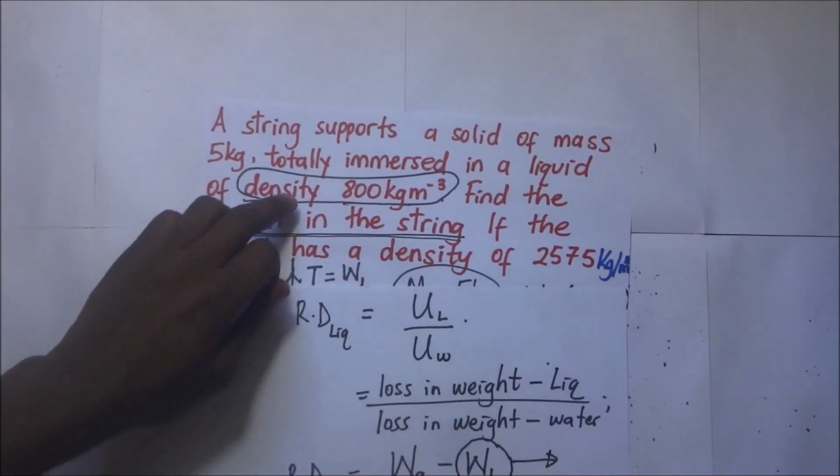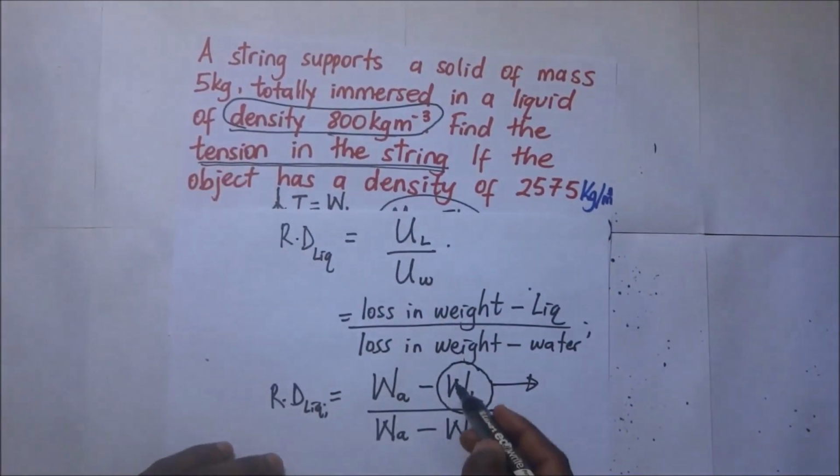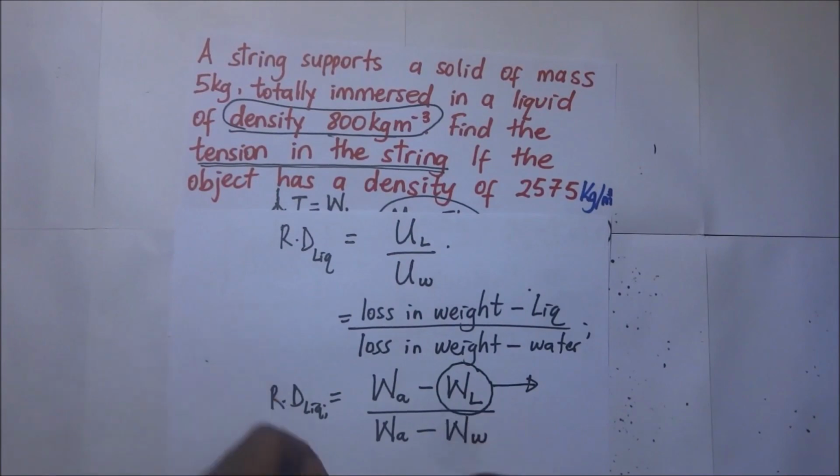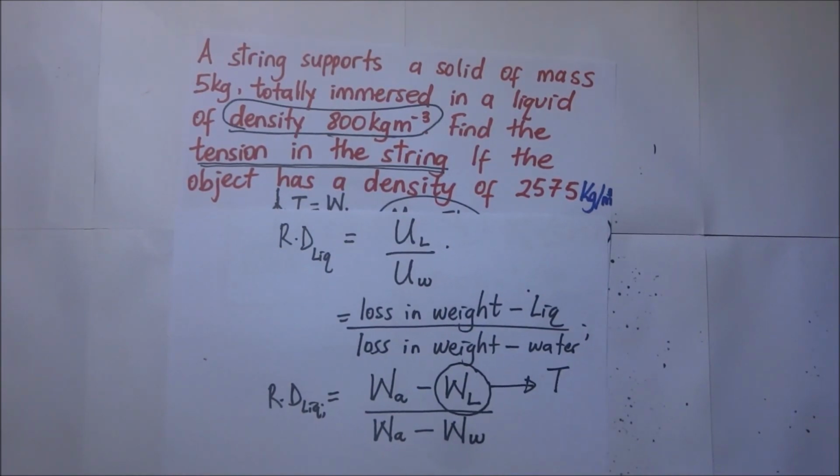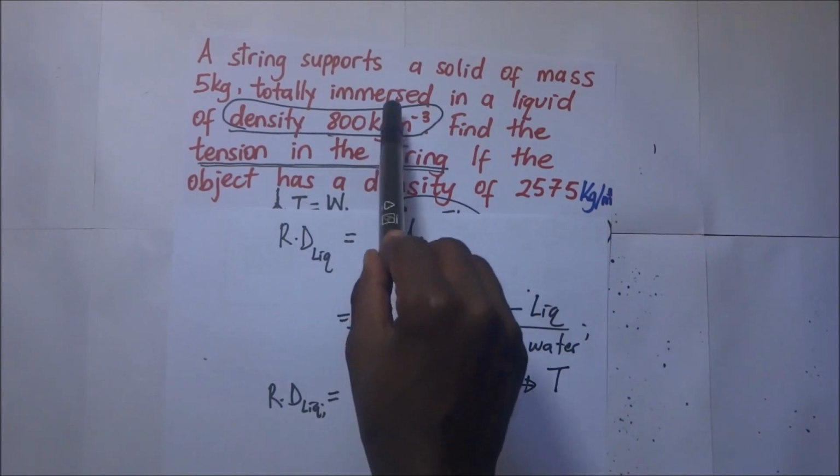So this is the liquid we are talking about. So the weight of the solid mass when it is in the liquid is equivalent to the tension that is experienced in the string when that solid mass is in this liquid.